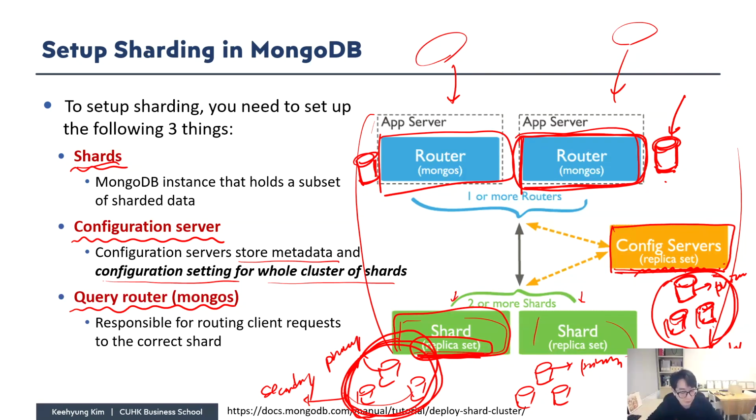In this example, we have two servers for the query router, three servers for the configuration server's replica set, three servers for shard 1's replica set, and three servers for shard 2's replica set. Exactly how many servers you want inside each replica set, you can decide. You may have 10 servers, 16 servers, like this. Okay, so that's the basic thing.